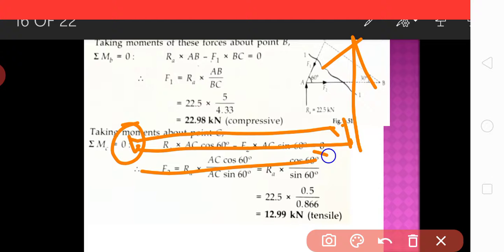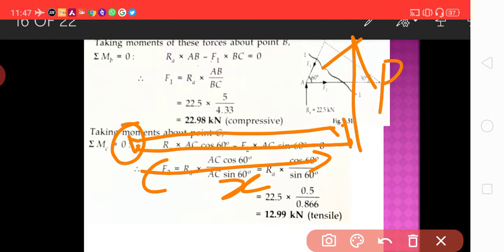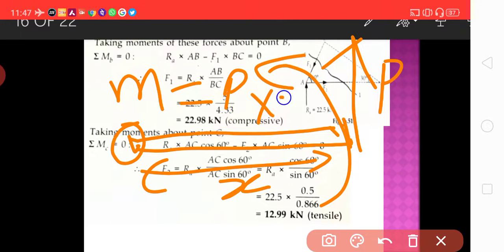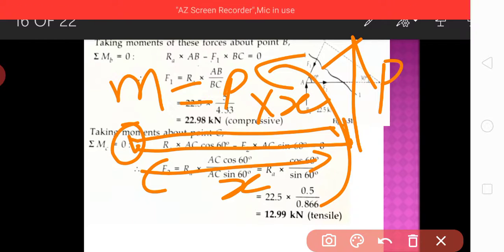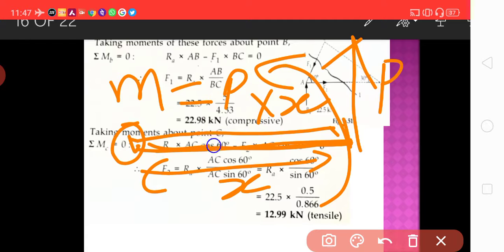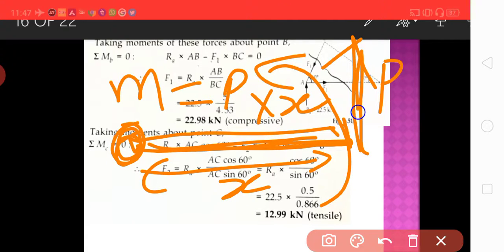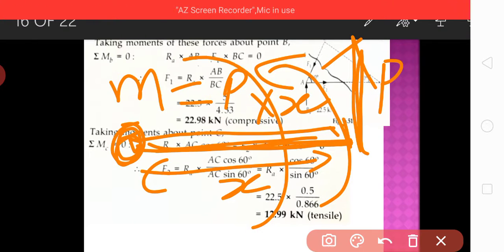If this distance is say x and this force is P, then the turning effect of the force is called moment equal to P into x. This one is called moment arm, this is called moment center, and this is the force. It is giving a counterclockwise moment, and this turning effect is called moment.